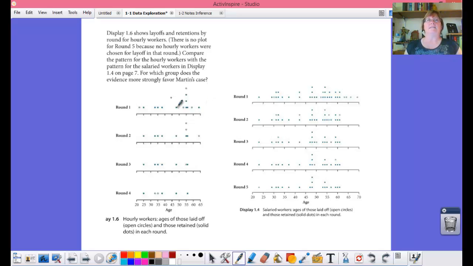To my eyes, I would say that the hourly workers, I'm looking really around age 50 and above, seem to have taken a bigger hit. That is my opinion. So I think the hourly data shows stronger evidence. My opinion.